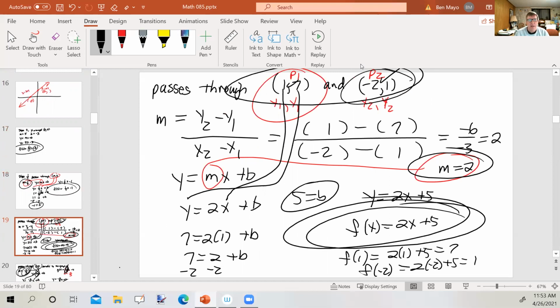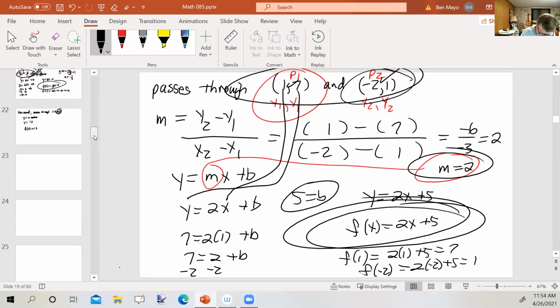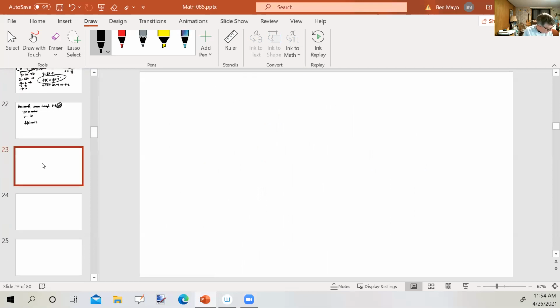We're going to read an application problem, extract 2 ordered pairs and use that to create a function and then answer a follow-up question. So now, here's what the scenario says. It says, nurses. The demand for full-time registered nurses in the United States can be modeled by a linear function.